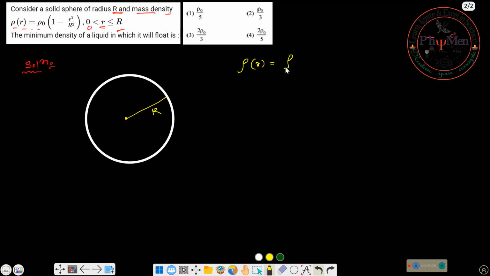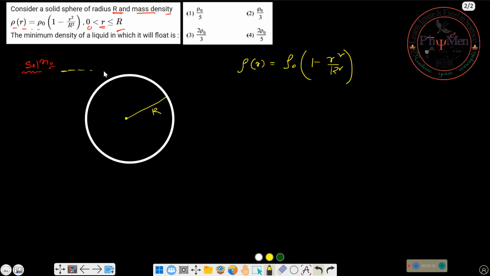Rho of r is rho naught times 1 minus r square by capital R square. This one is the density of the sphere. Here, what is the minimum density of the liquid where it can float?